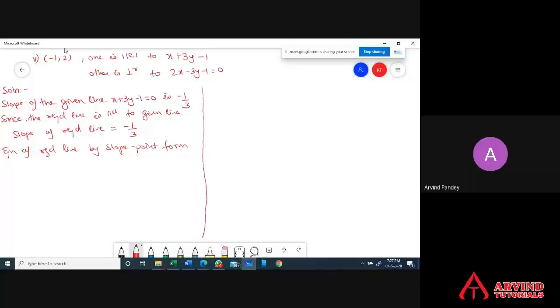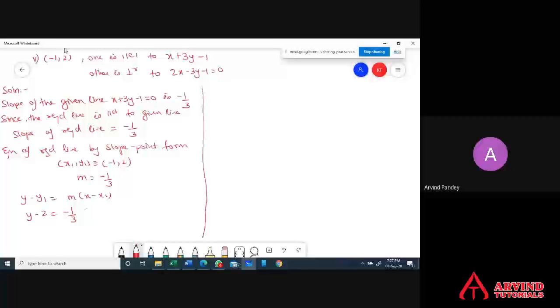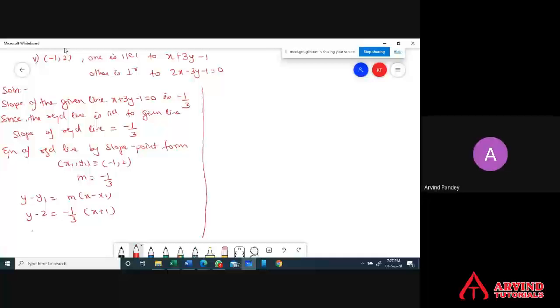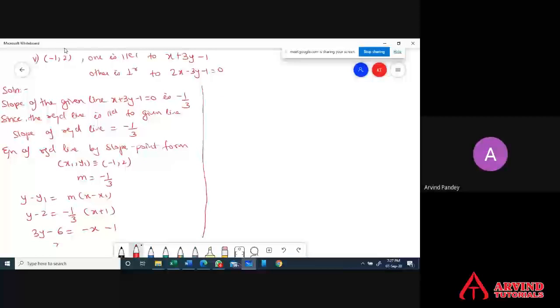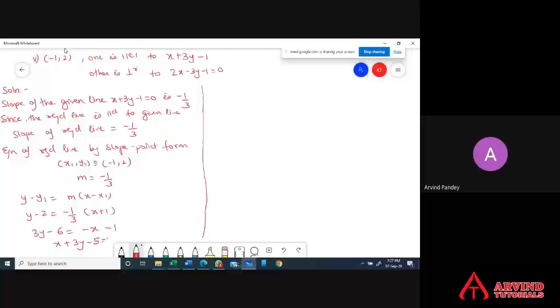So first of all, your point is minus 1 comma 2, and the slope is minus 1 by 3. Okay, so your equation is y minus y1 equal to m into x minus x1. This is y minus 2 equals minus 1 by 3 into x plus 1. So this is 3y minus 6 equals minus x minus 1, so this is x plus 3y minus 5 equal to 0. Okay, this is your first line.